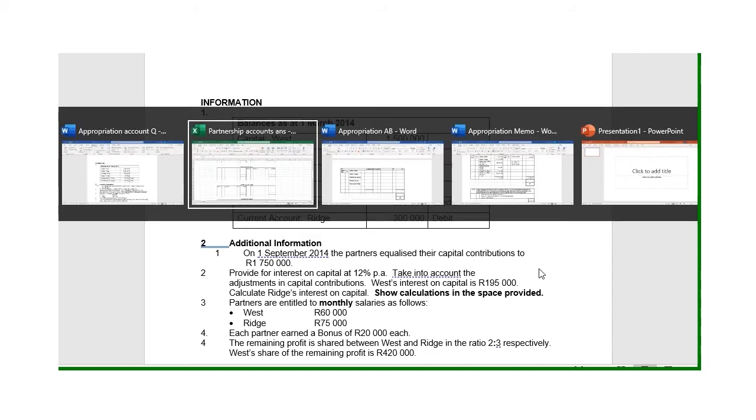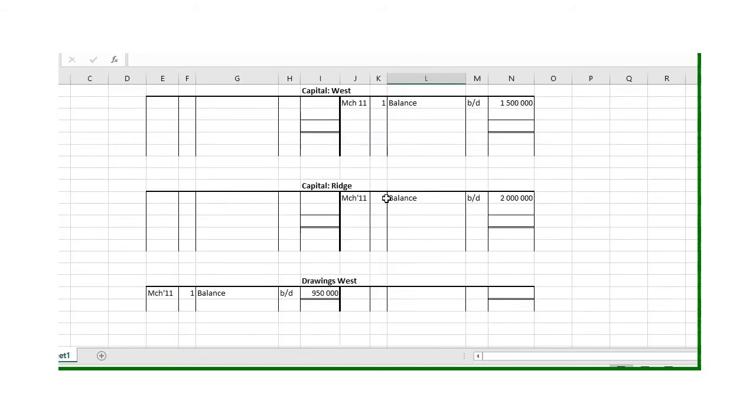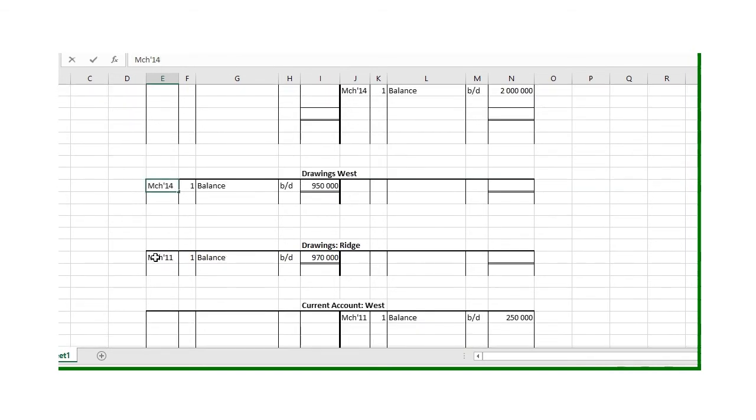1,750,000. So if we look at West, just make sure these ones are now 2014, because otherwise it won't make sense, the drawings down there, and their current accounts.